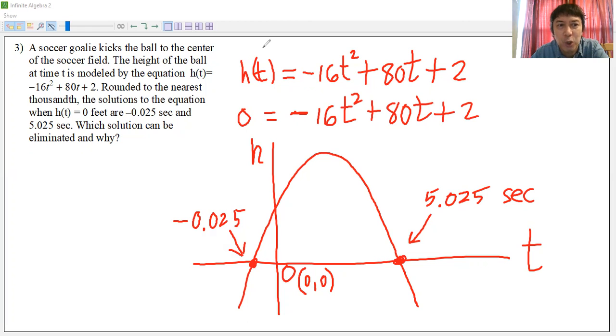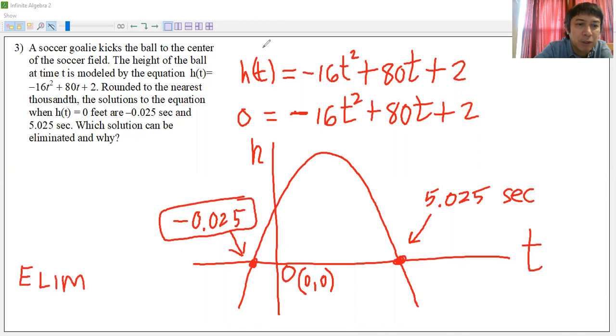So which solution can be eliminated? Of course, we eliminate the negative. That's eliminated. So remember, if you have a negative solution and it's something about time, that's not supposed to be used. The positive will be the one accepted.